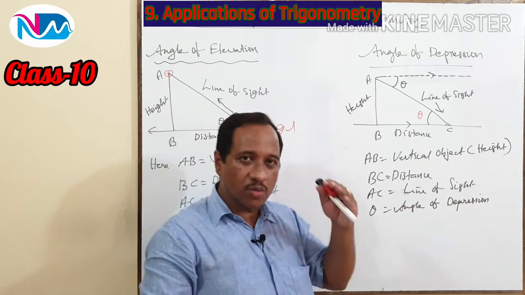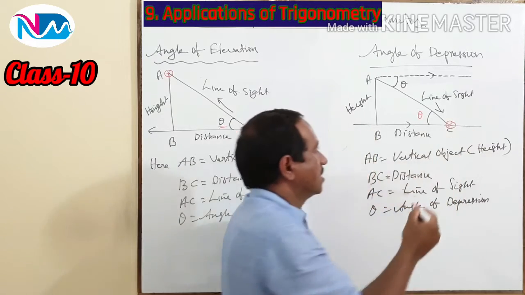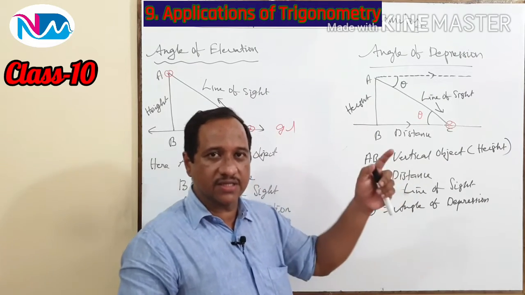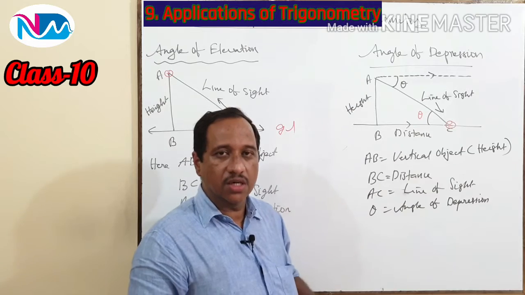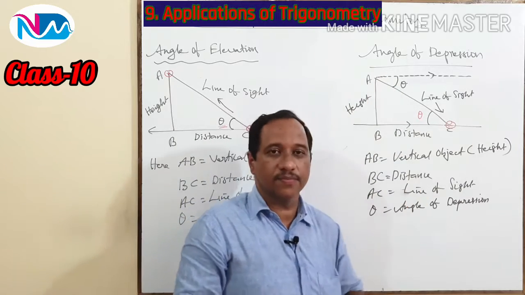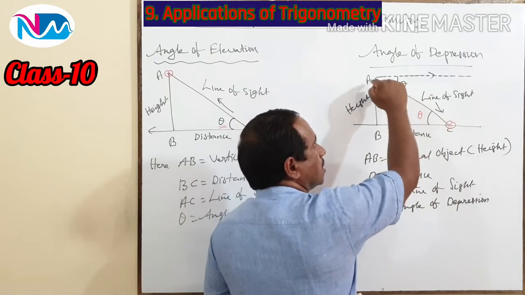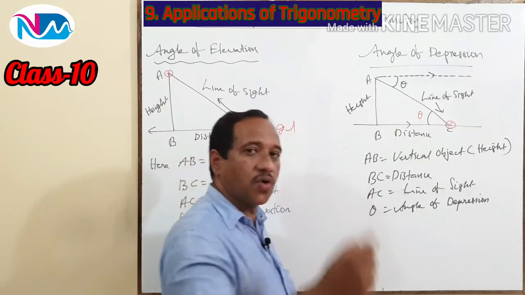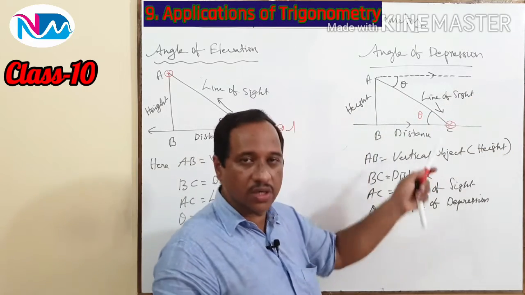Another situation is when an object is in the horizontal ground level, suppose C is the object which is on the ground level and is observed from a point which is above the ground level, maybe from the top of a building, top of a tower, top of a pole, etc. In that case, the line of sight will be from A to C, and if you draw a line parallel to the horizontal ground level through the point A, we can see an angle theta which is formed between the line of sight and the parallel line to the horizontal ground level.